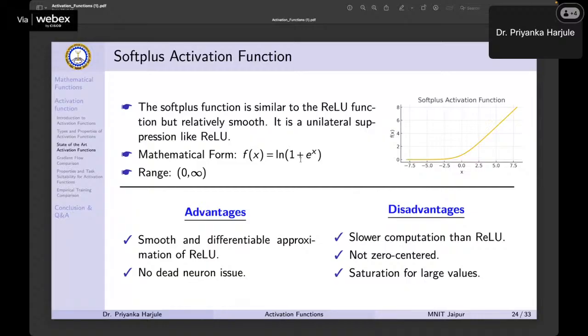So this kind of activation function may not work for large networks which require fast training. We can also avoid it for running on low power devices, and we can consider alternatives when we require zero centered outputs.